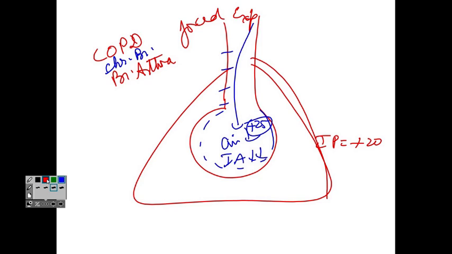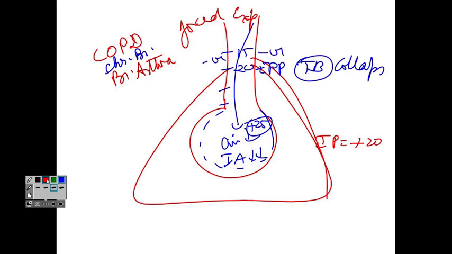If it starts from 25, their equal pressure point is reached earlier, at the terminal bronchiole, and at the point above that, the gradient becomes negative and it collapses. Due to this, all these diseases are under obstructive airway disease because they cannot expire the air completely.